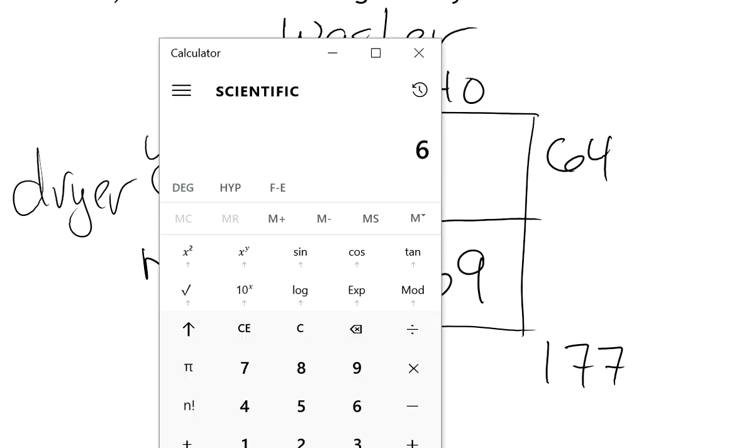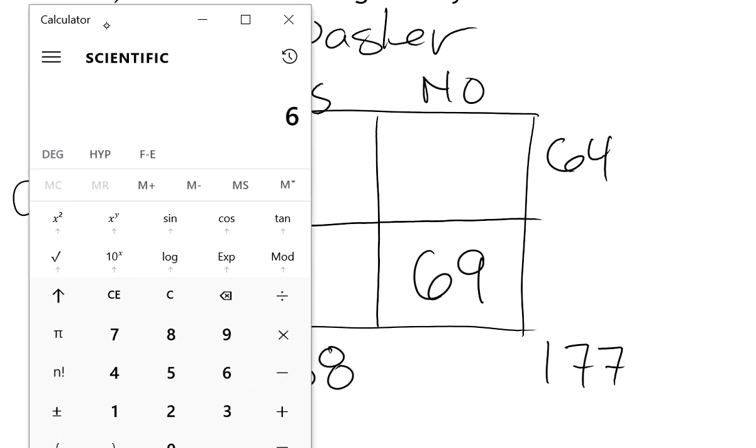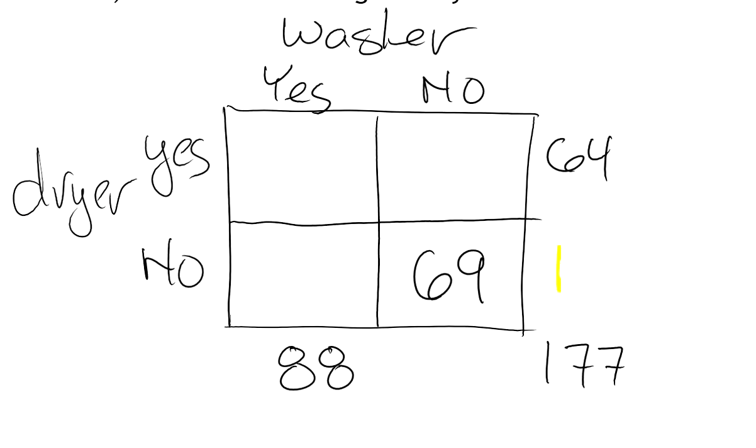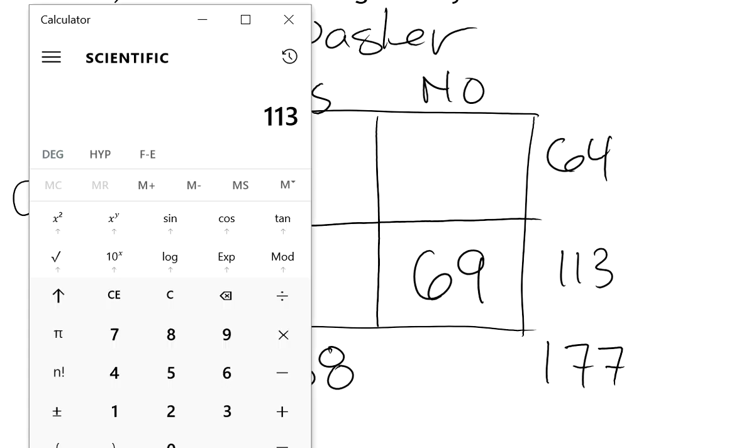So let me bring up the calculator here. I'm embarrassed to say, but I don't... Let's see, 177. I'm not ashamed of using this device. So this is 113, and I should not write with a highlighter. So 113 people go here. So 64 plus 113 should be 177 customers. I don't know why I feel like I should verify that. 113 plus 64 equals, yeah.